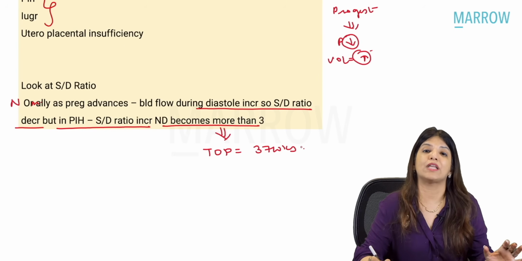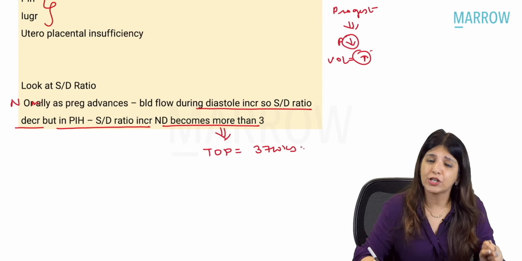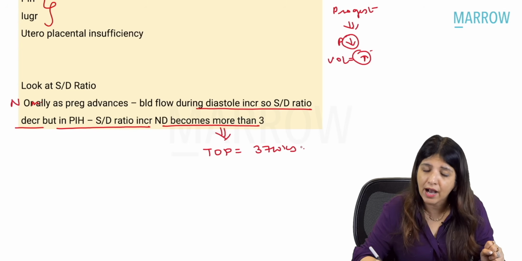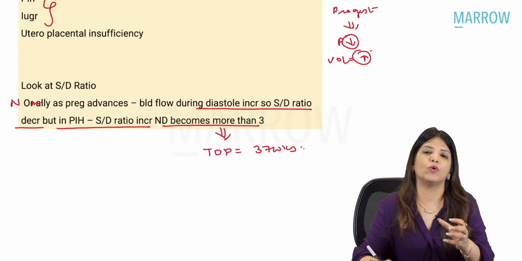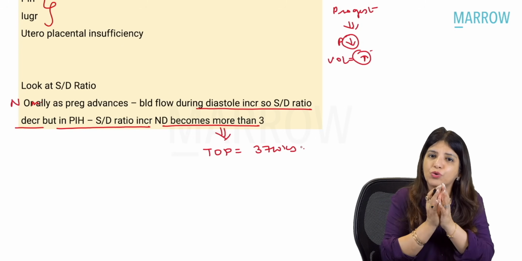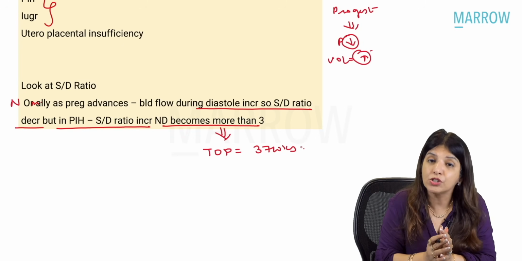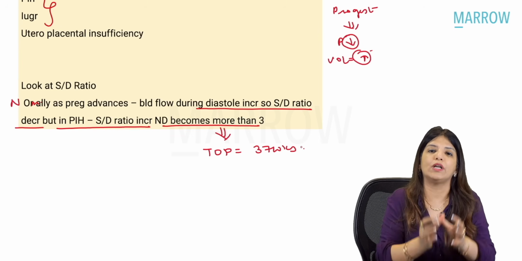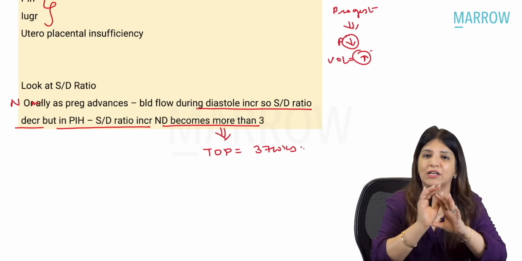Now suppose that pressure during diastole becomes very high. If pressure during diastole becomes very high, then during diastole, no blood is going to flow. Understand, during systole, it doesn't matter how much is the pressure. This is because during systole, heart is actively contracting and pushing blood into a blood vessel.